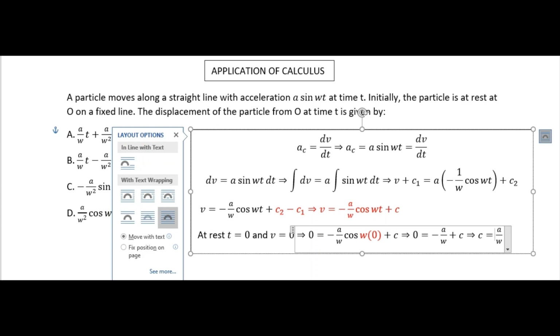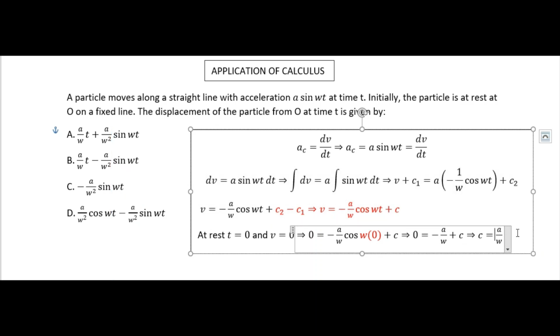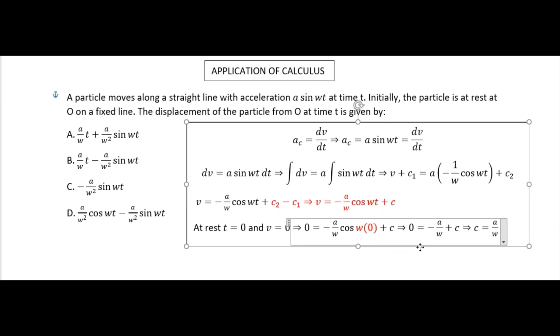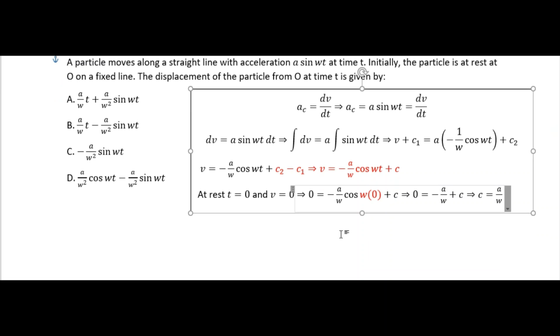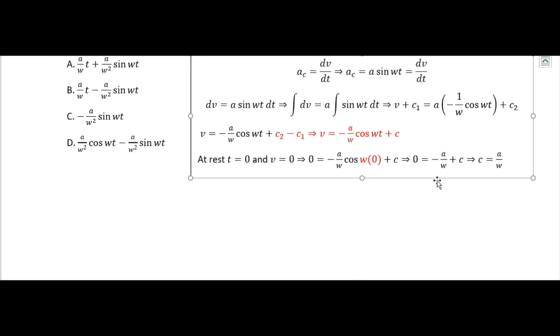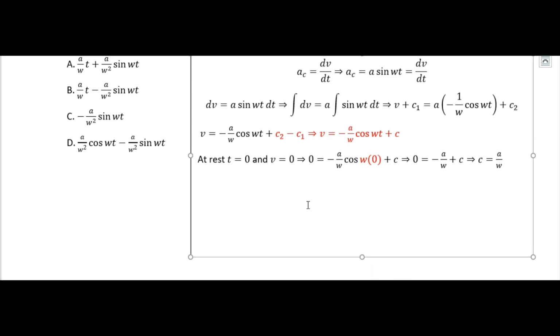Now having c as a divided by omega, we are going to replace it back into our equation. So let me just increase the text box. I come back to my equation and replace the value of c with a over omega.